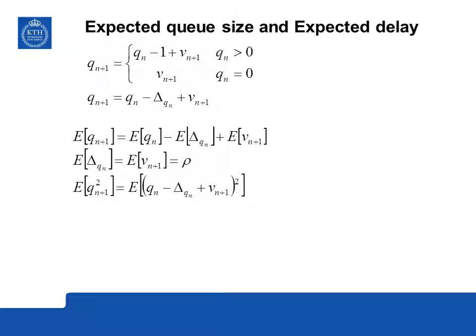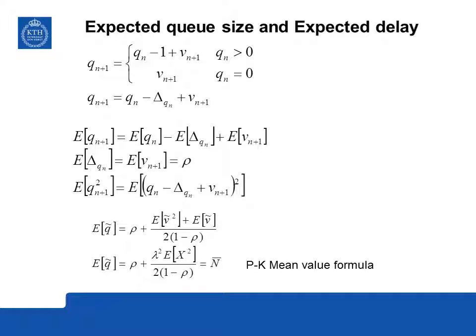This on the other hand doesn't tell us anything about the expected queue size, but the trick now is to, instead of looking at the expectations, we look at the expectation squared, and we get the expression at the bottom. If we simplify these expressions, we can then eliminate the squares, and we get the following expression for the expected queue size.